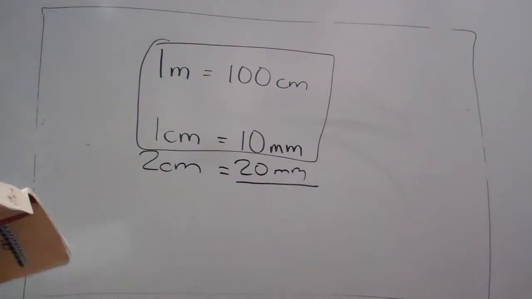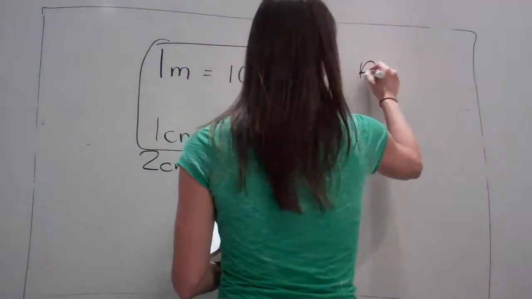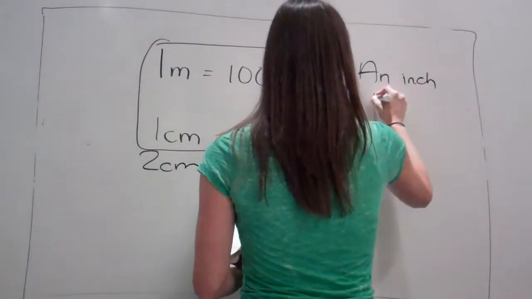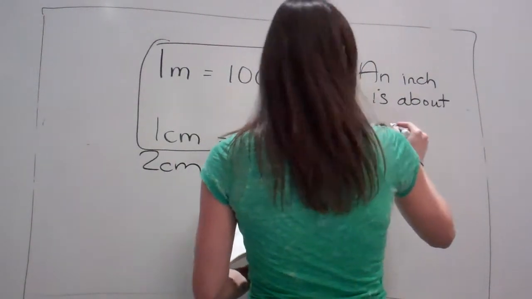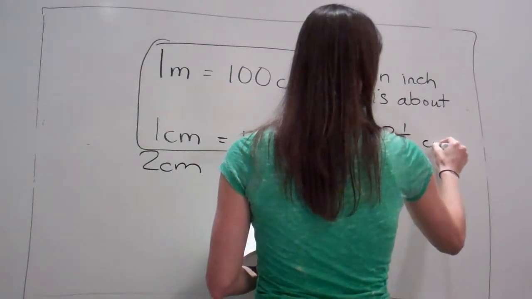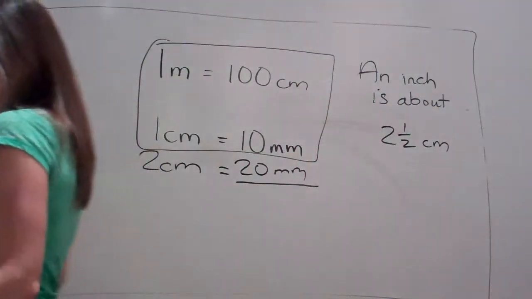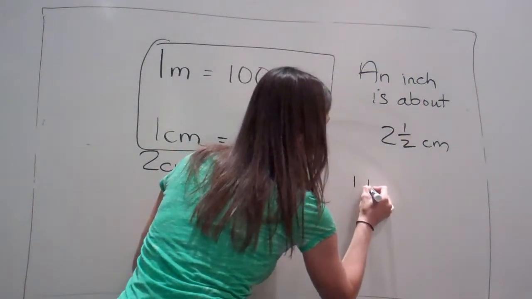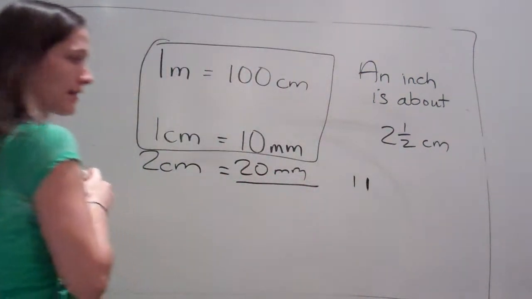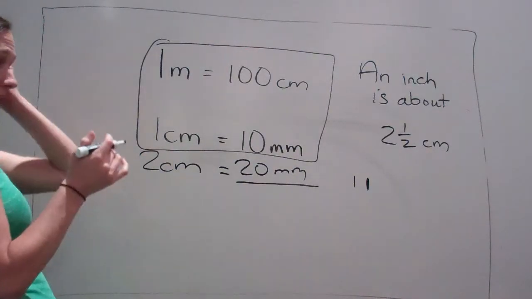Now, let me see if there's any other ones that I need you to know. Write this down. An inch is about, which doesn't mean that it completely equals, is about 2.5 centimeters. So we know an inch looks like about like that, right?